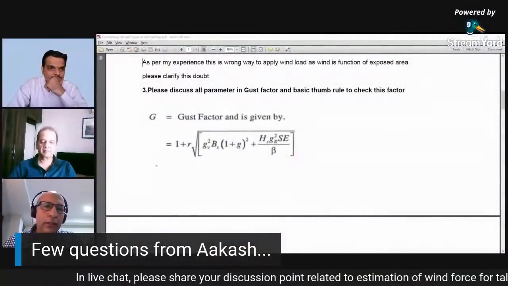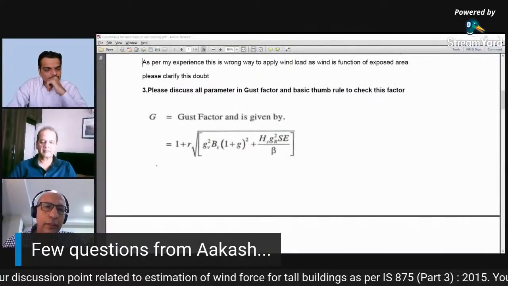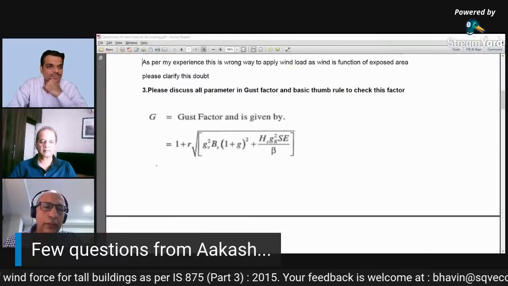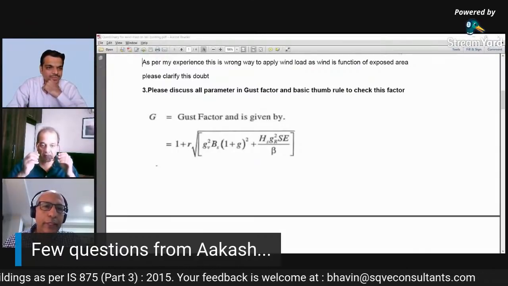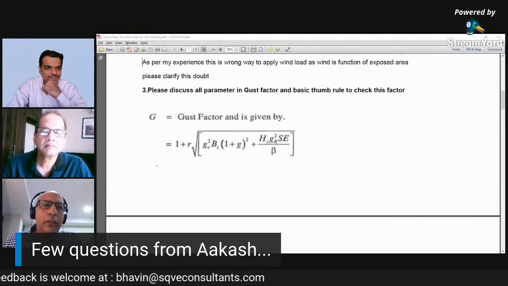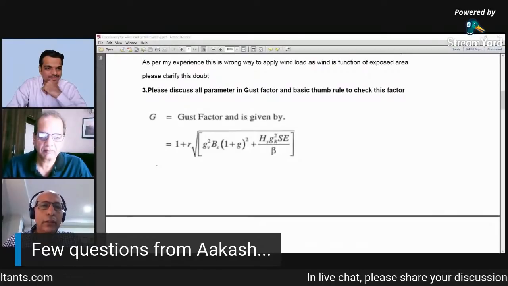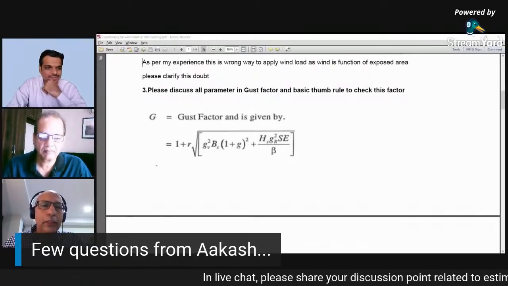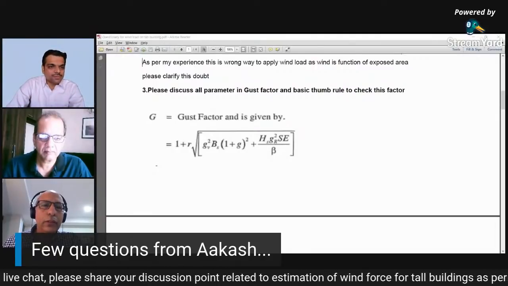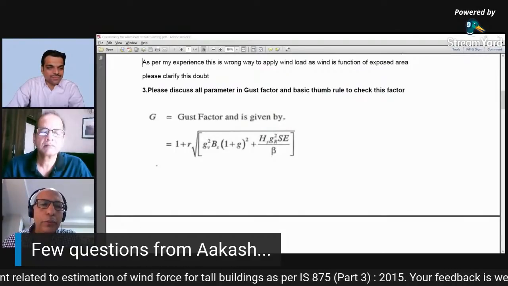Well, you'll see this term here becomes more significant than the background as the building height increases. Now, why are they in a square root sign? It's because the background and the resonant parts are actually the square of the standard deviation response.